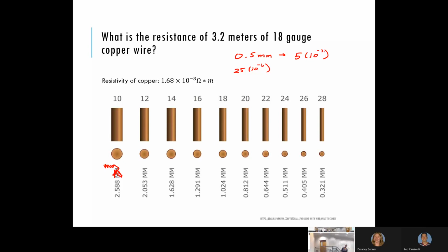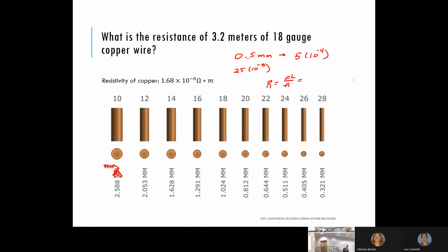Oh, except this is a point. You should yell at me. It should be a 4, right? 0.5 millimeters, that's 5 times 10 to the negative 4th. So if I square that, I should get something like 10 to the negative 8, and that's the area multiplied by pi. So my resistance is the resistivity times the length over the area.